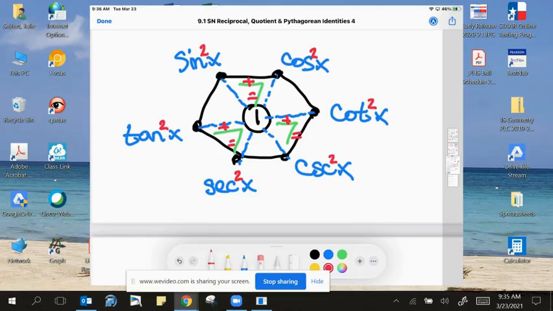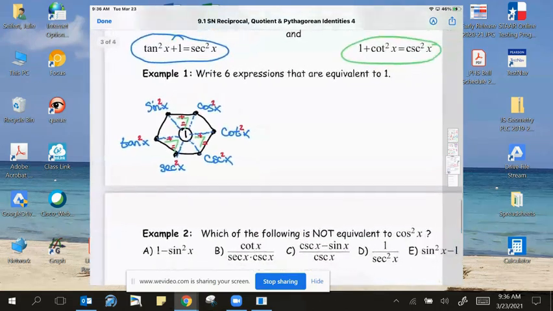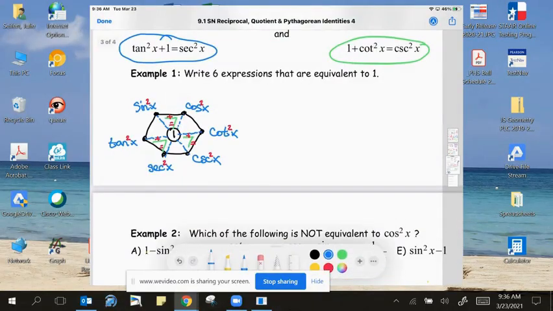Equal sign goes down the side of the 7. And this is how you can remember those Pythagorean identities. As I work things in this unit, I have a hexagon labeled right next to me. There is one taped to my computer monitor right now. And it will stay there through this unit.